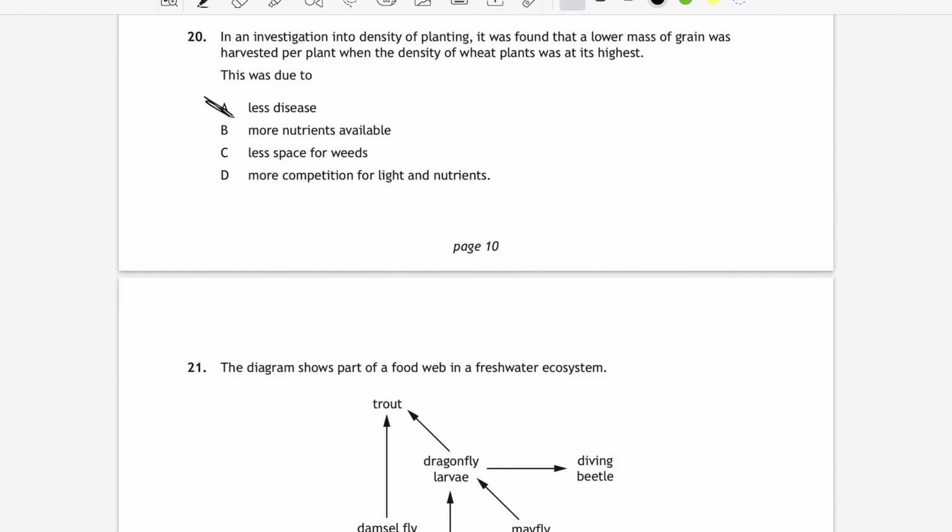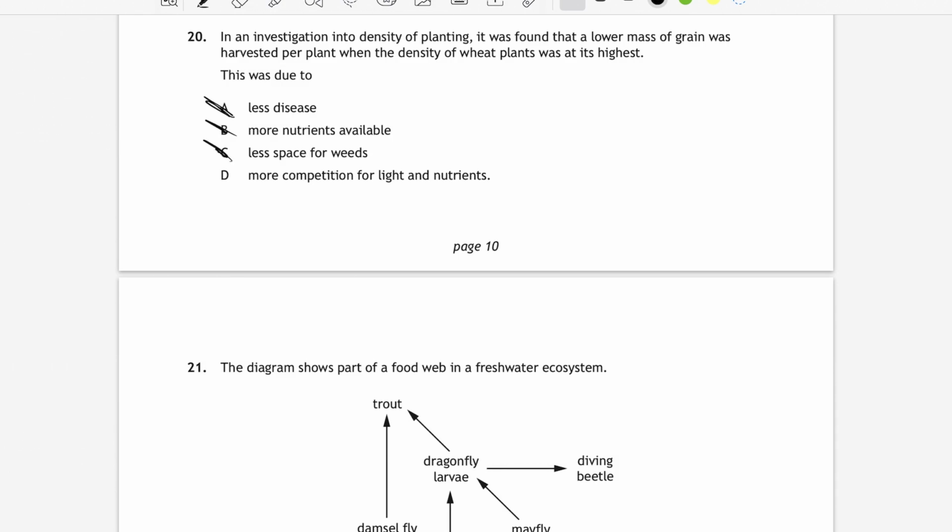B, more nutrients available. Well, we would see the opposite effect there. If there were more nutrients available, we would see a larger mass when the density of wheat was at its highest. Less space for weeds. Well, no, we would actually possibly see the same result there. So no, we're not saying C, but more competition for light and nutrients.